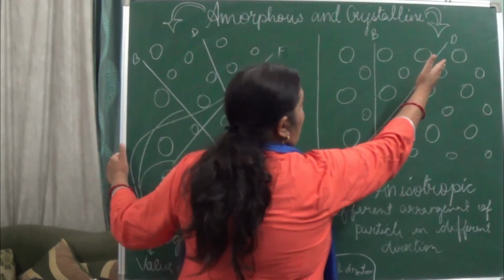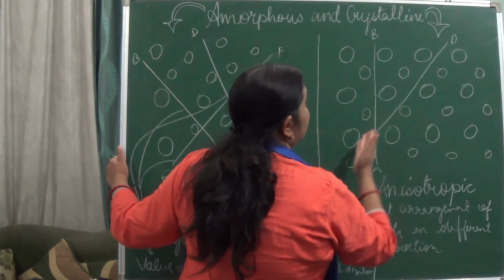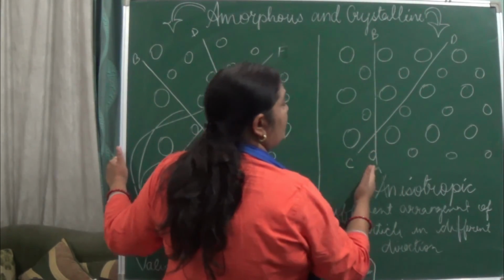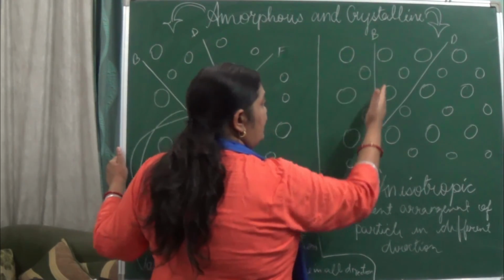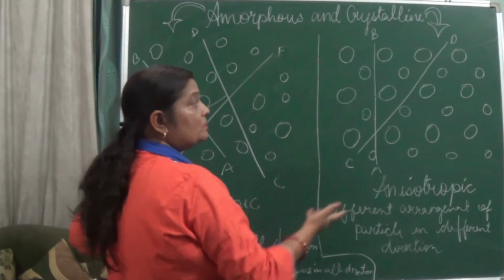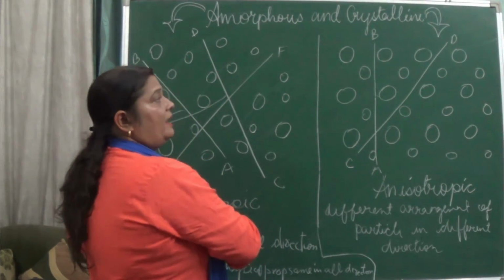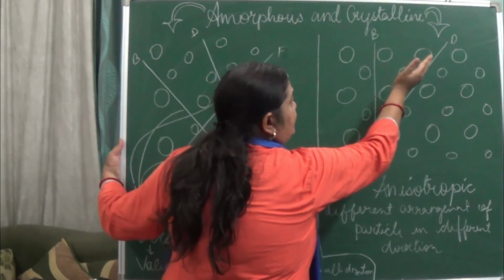You can see over here this plane, and you can see it from B to C, D to C and B to A. The arrangement looks different when we see it from different directions.